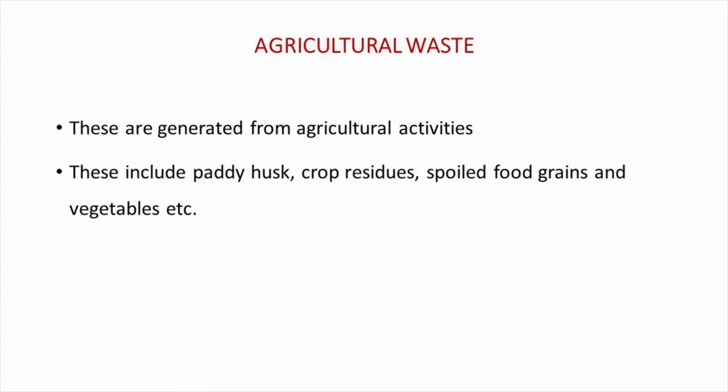Another category of solid waste based on origin is agricultural waste. These are generated from agricultural activities. These include paddy husk, spoiled food grains and vegetables, other crop residues, litter, etc., generated from fields, orchards, vineyards, and farms.